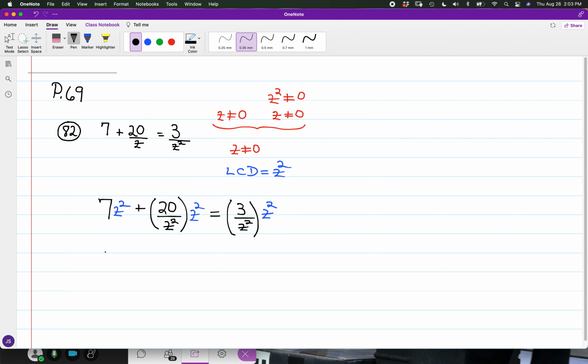So we have 7z squared, and for 20 over z, we have 20 times z squared, so 20z squared over z, equal to 3z squared over z squared.